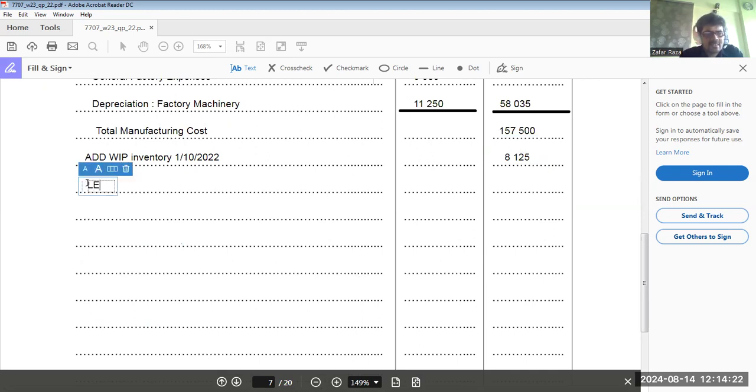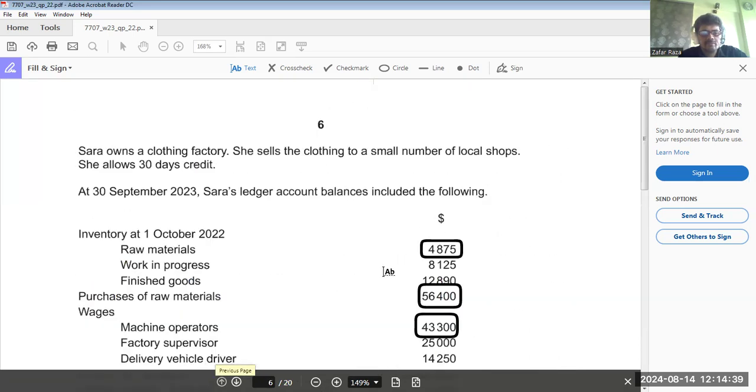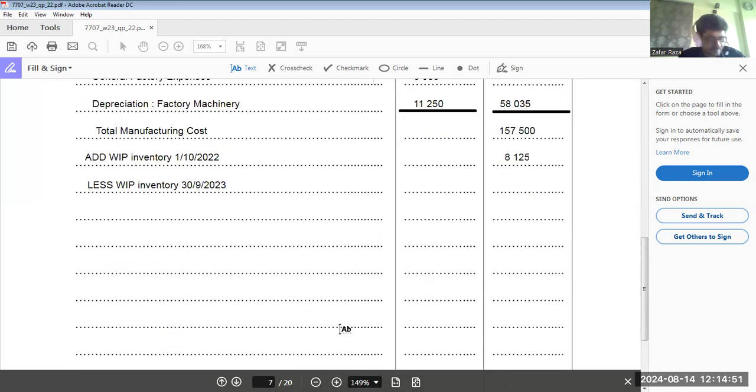We have to deduct work in process inventory closing, that is on 30th September 2023. And this is how much? Here it is, 7,365. Keep it in a bracket, 7,365. So we remember that we have to deduct it.